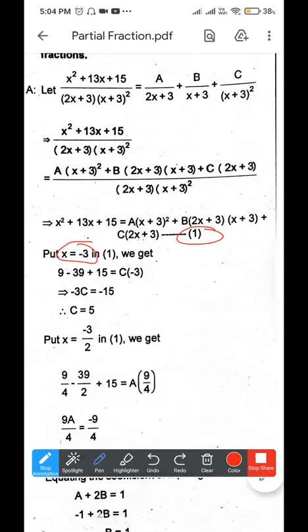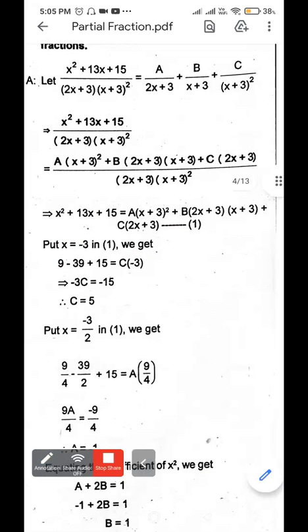If you substitute, 9, 13 into minus 3 is minus 39, and 15 is equal to c into 2 into minus 3 plus 3, which is minus 6 plus 3, minus 3. So finally you will get minus 3c is equal to 15. So finally c is 5.